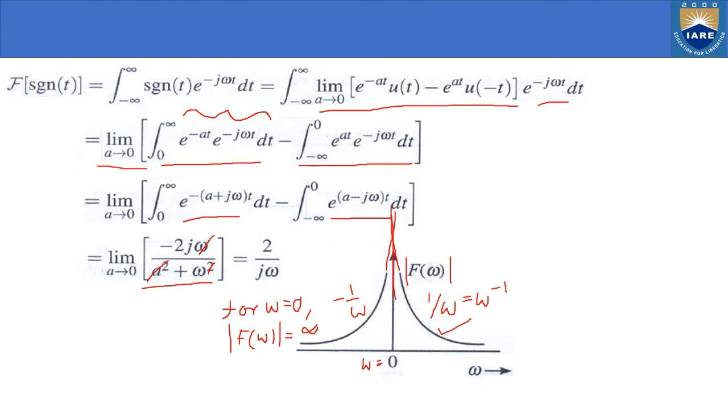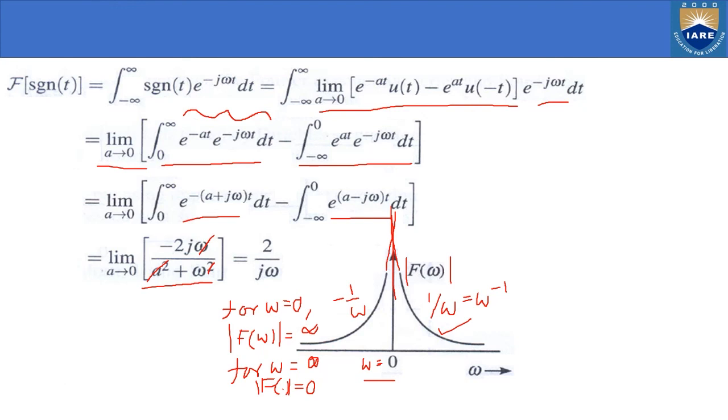And when omega equal to infinity, what happens? When omega equal to 0, it is infinite. When omega equal to infinity, what happens to this? So F becomes 0, since 1 by omega becomes 0.